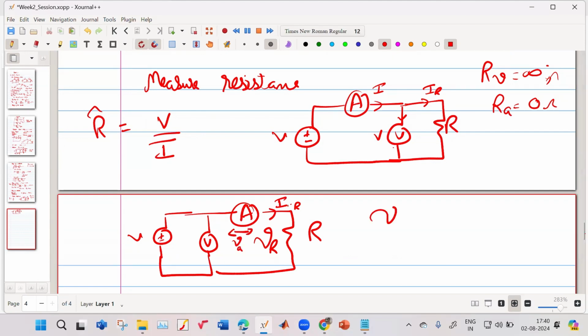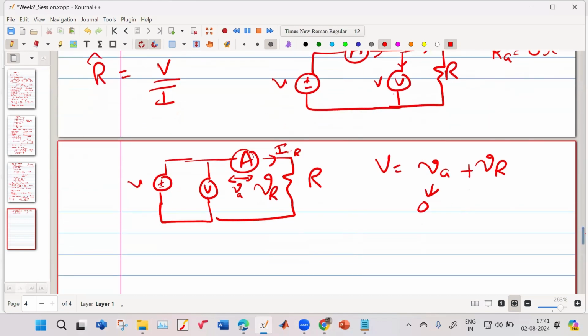So your voltmeter will measure VA, the voltage across the ammeter, plus VR. If VA tends to 0, then it is fine. This will happen only when the resistance to be measured is much greater than RA. When the resistance to be measured is much greater than the resistance of the ammeter, this circuit will have less error.